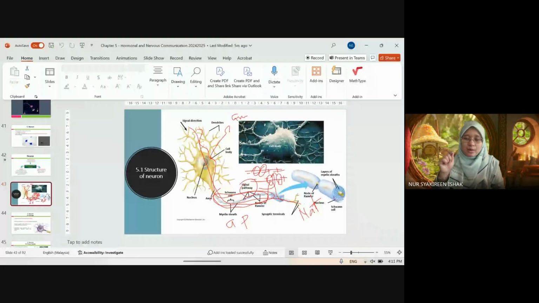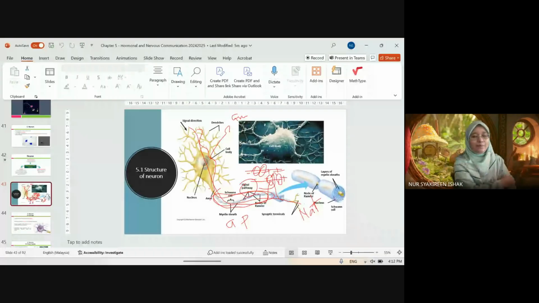That is where you are going to find voltage gated channels for sodium and also voltage gated channels for potassium. Along the neuron is where the action potential will be generated. Action potential is when ions move in and out of the axon, causing membrane potential, the voltage, to change.